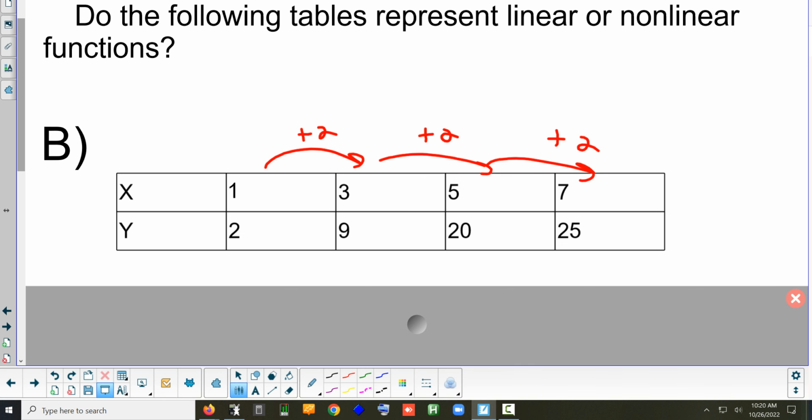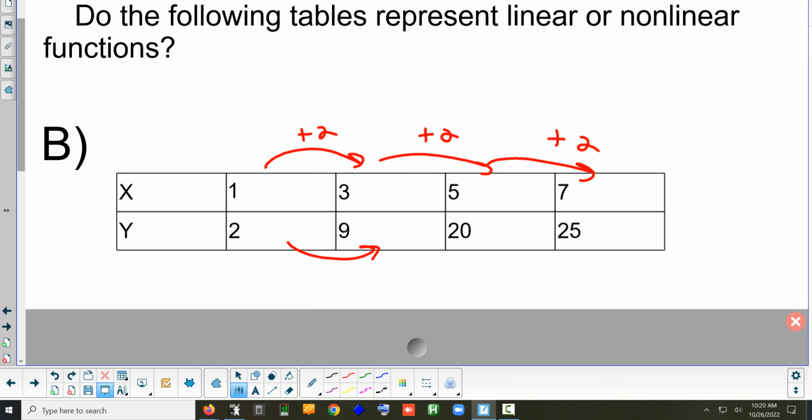The same number. Sean? No. To get from 2 to 9, what do you add? You add 7. So now that has to be the pattern, +7 each time, and it's not. Because to get from 9 to 20, how much do you add? 11.